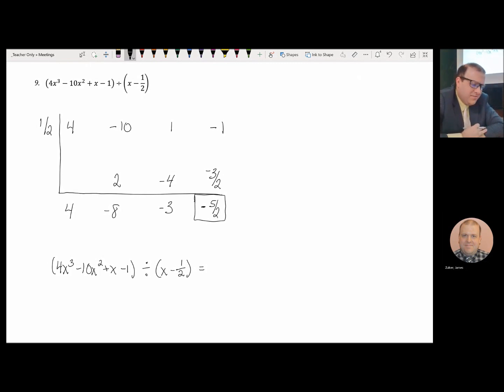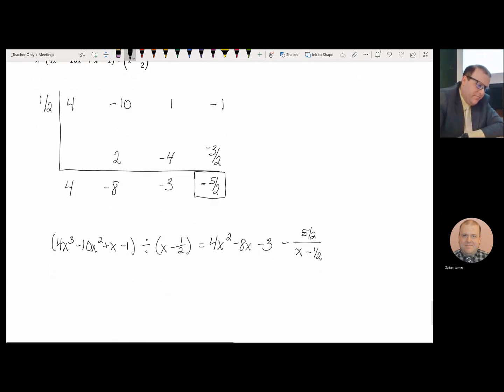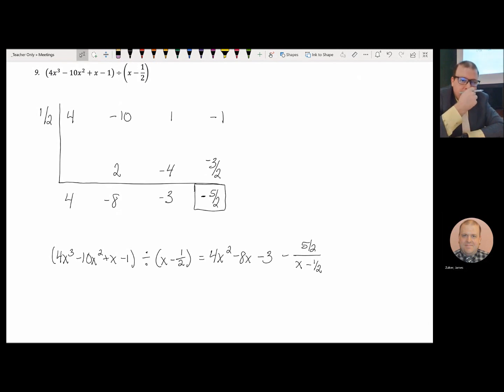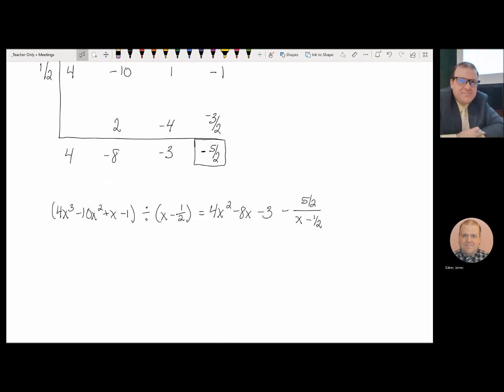Degree of quotient. I don't like the way that looks.